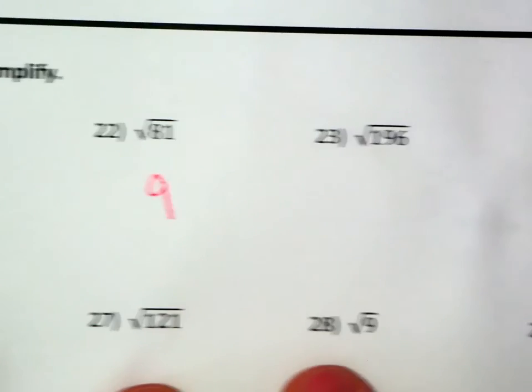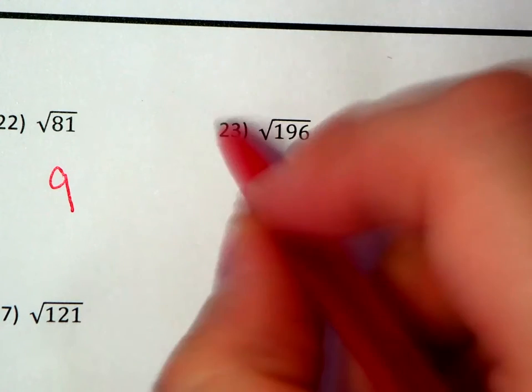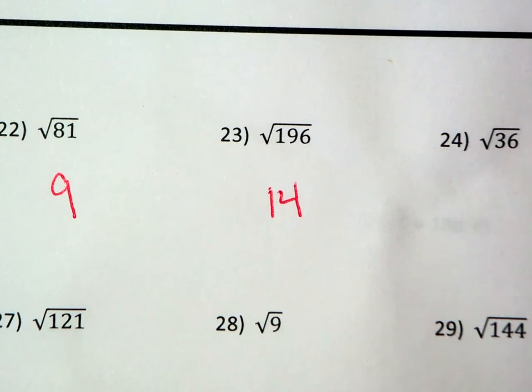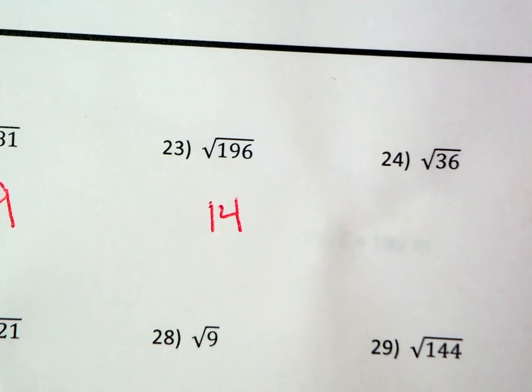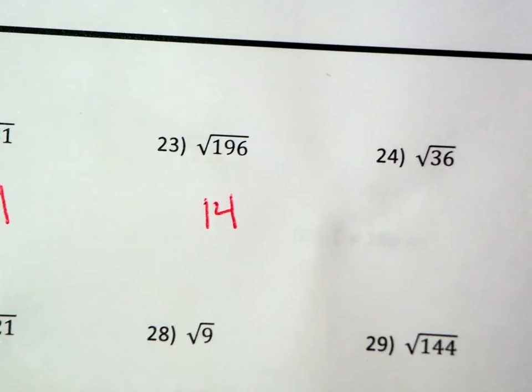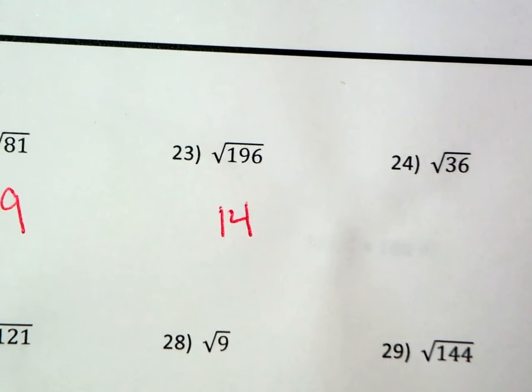The square root of 196 is 14, because 14 times 14 is 196. Again, this is where knowing your square roots through 25 is going to be very valuable for you in the next couple years.